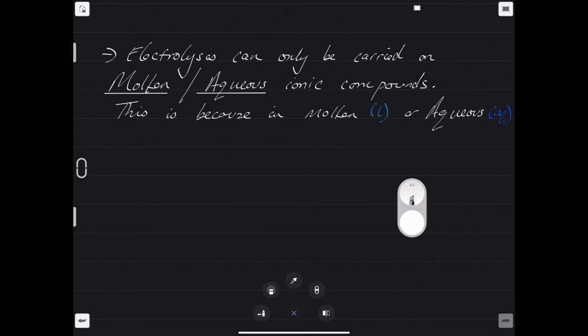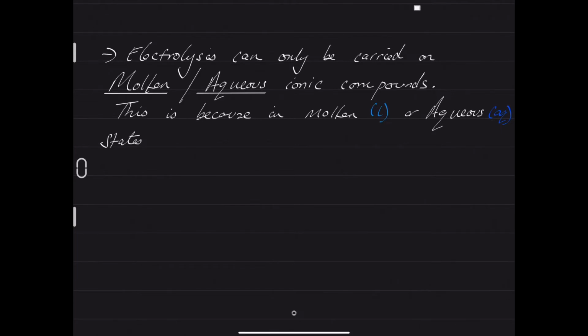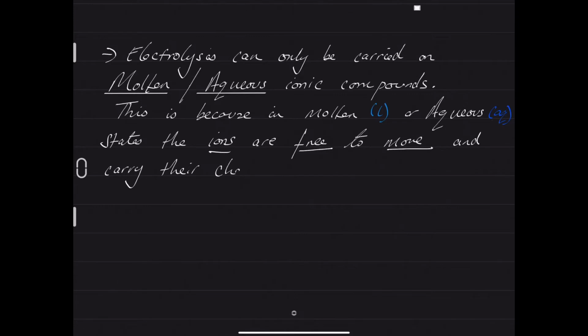This is because in molten or aqueous states, the ions are free to move and carry their charge to the electrodes.